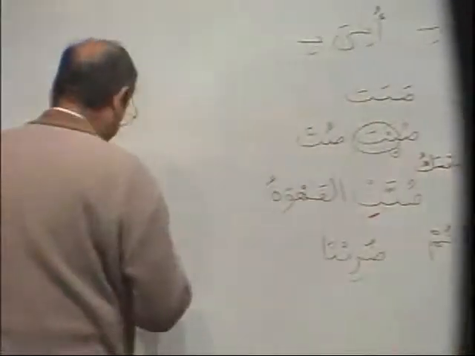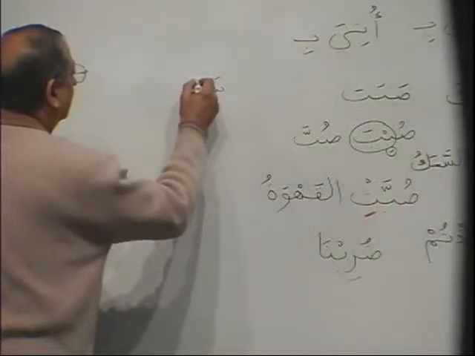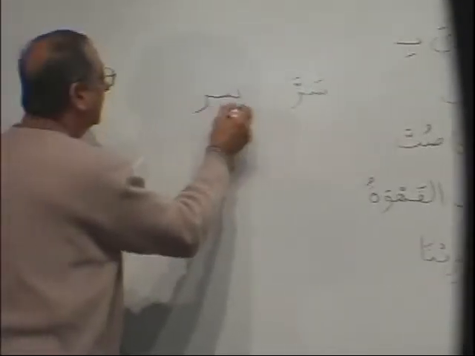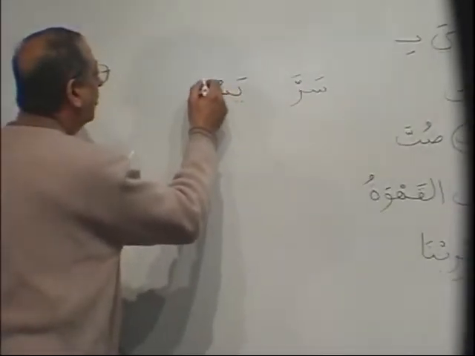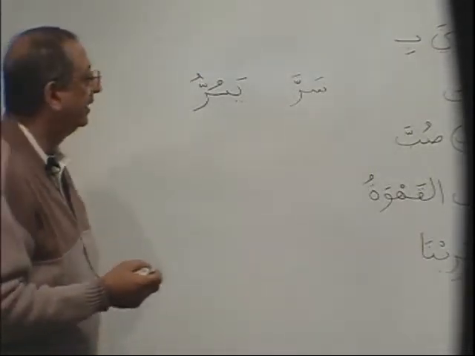Sarrani al-khabaru. Sarra will become surirtu. That's all. I was pleased. Surirtu. Let me write it down for a minute, brother and sister. Sarra, yasurru. Write it down, brother. Sarra, yasurru.